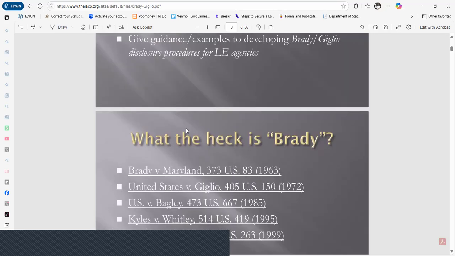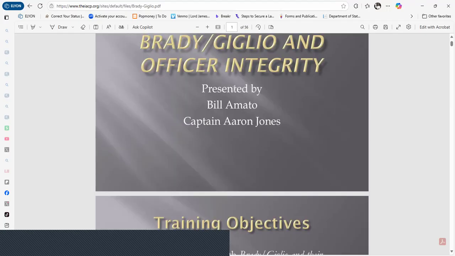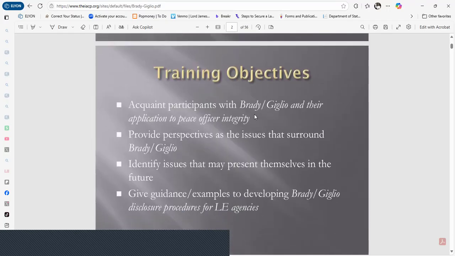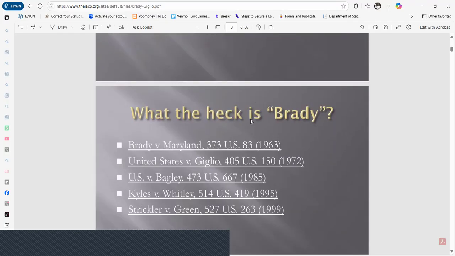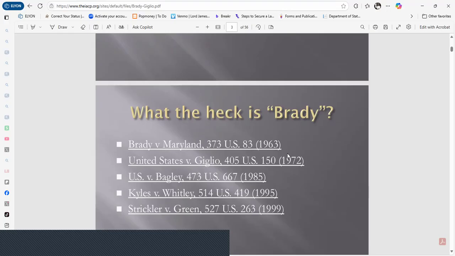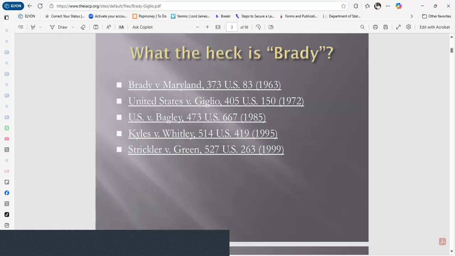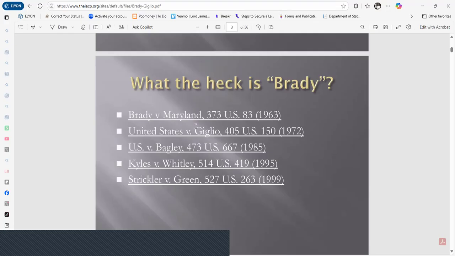So it's kind of funny, because this right here was created by a Captain Aaron Jones, a PowerPoint presentation, and yet what is a Brady list? So when they're teaching these officers about what a Brady list is, guess what they're quoting? Constitutional law, Supreme Court opinions, court cases, which is what? Superior law.